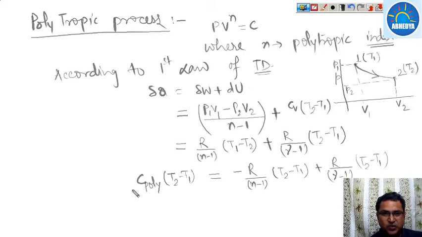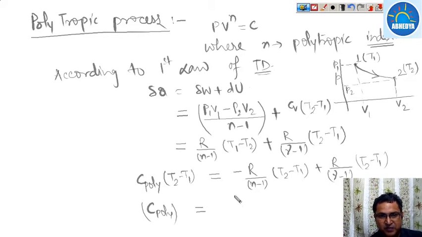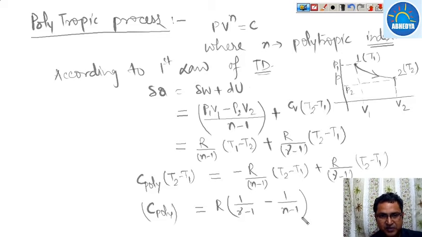Since T1 and T2 are not equal to each other, so C polytropic, what is C polytropic? C polytropic is nothing but the specific heat for polytropic process. So this becomes R times 1 upon gamma minus 1 minus 1 upon n minus 1.